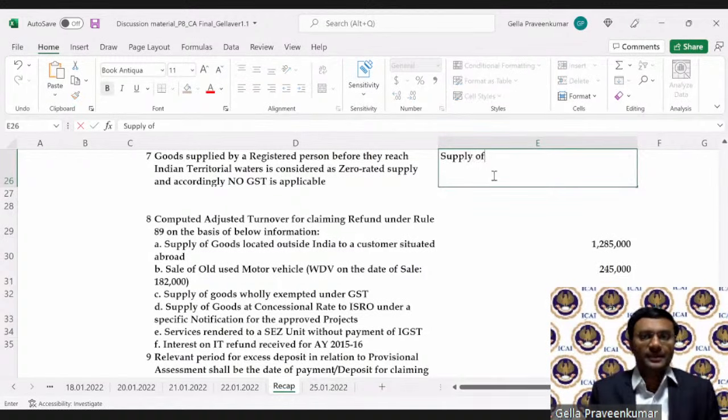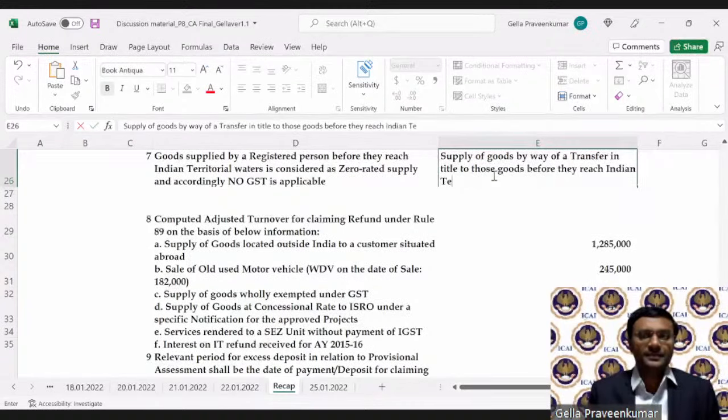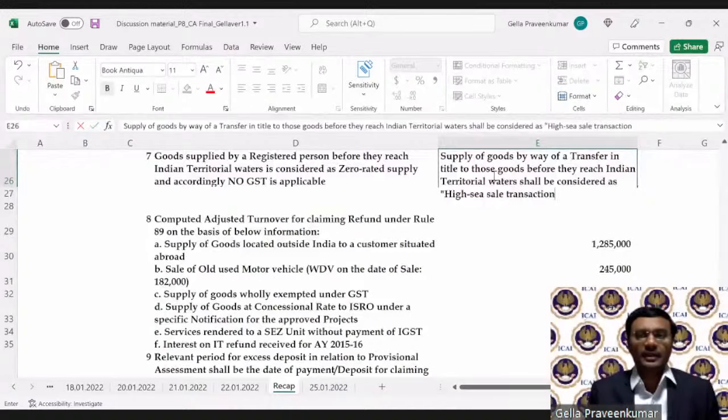Supply of goods by way of a transfer of title to those goods before they reach Indian territorial waters shall be considered as a high sea sale transaction, and not as a zero rated supply.